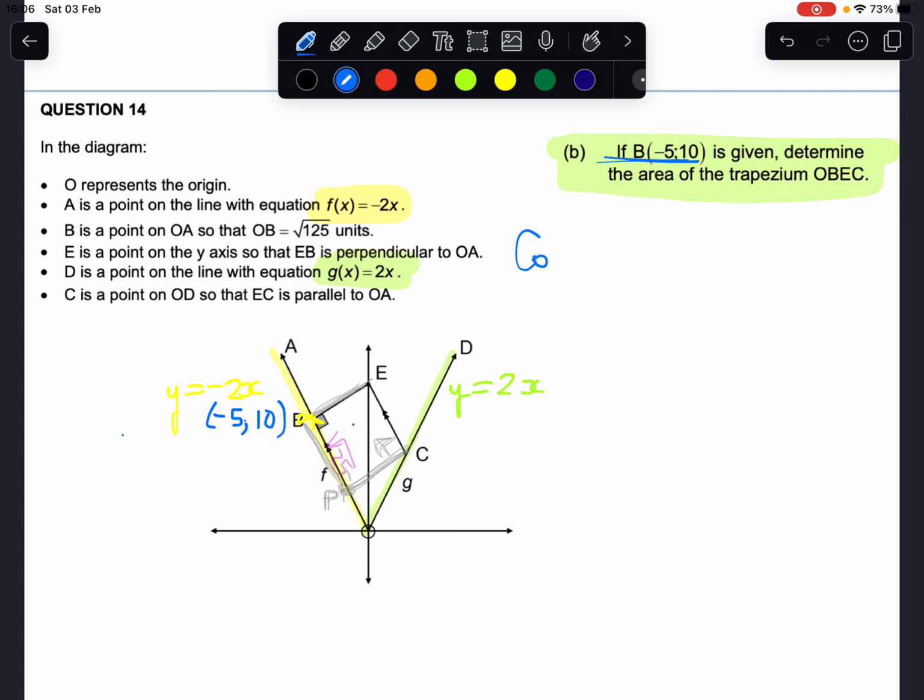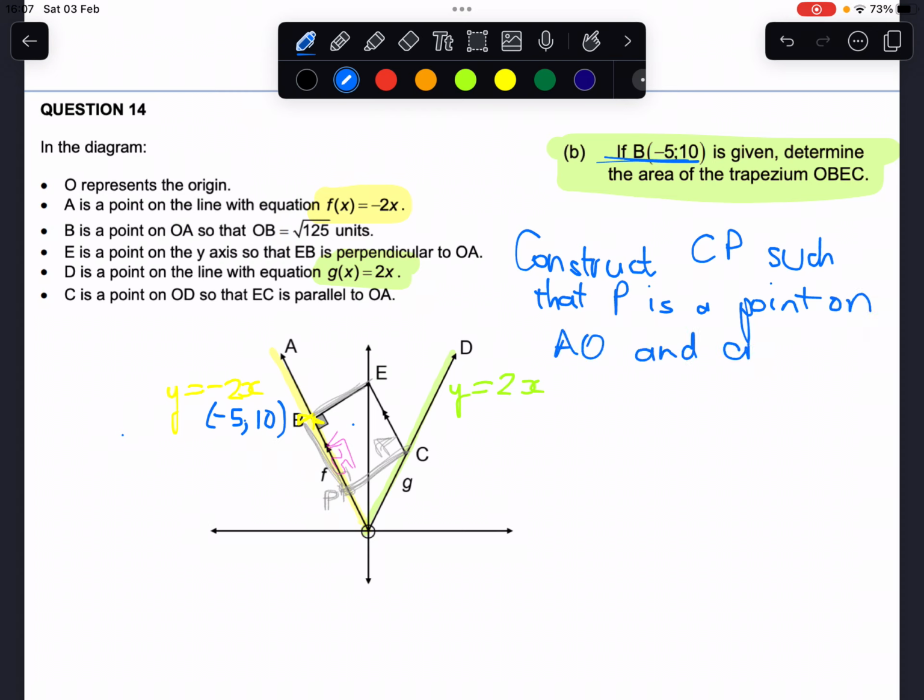I'm going to say construct CP such that P is a point on AO and CP is perpendicular to AO. Okay, so that explains where P is coming from. That being said, I'm going to go back to trying to figure out BE.